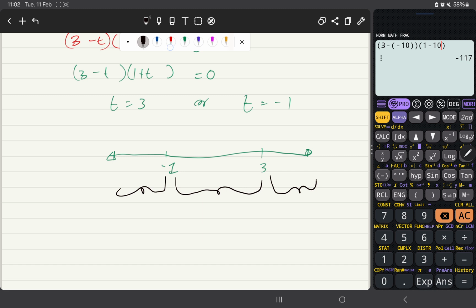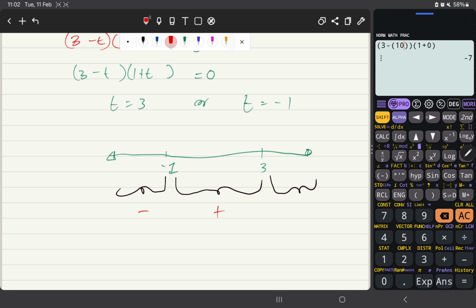You get a negative value here, and if you take any value that is below 3 and above -1, we can just take what? 0. We get a positive value. We take values above 3.